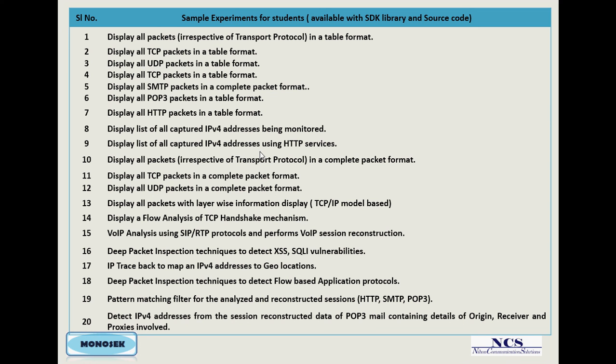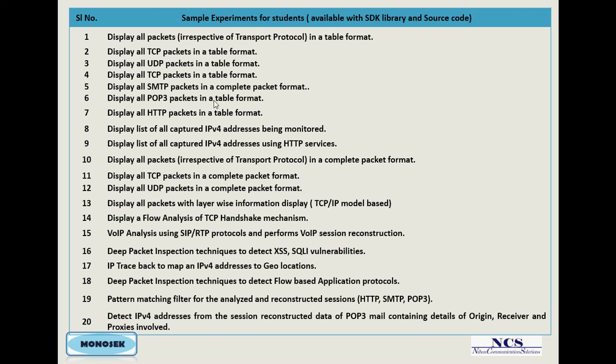So in this slide you can see what are all the available applications. A few experiments have been created for students to understand basic things related to network traffic analysis.